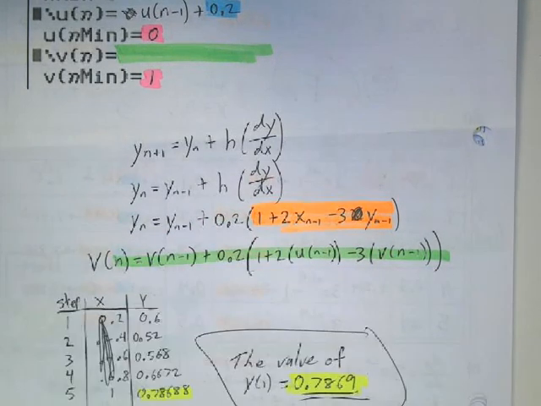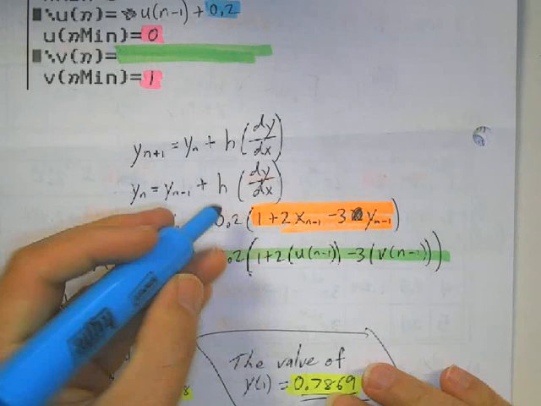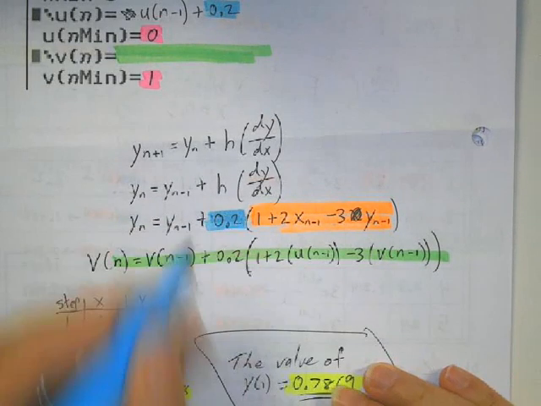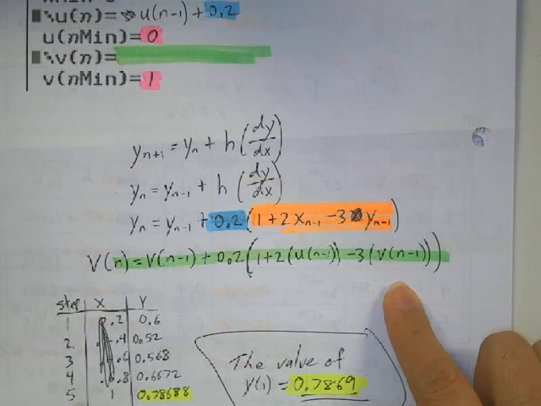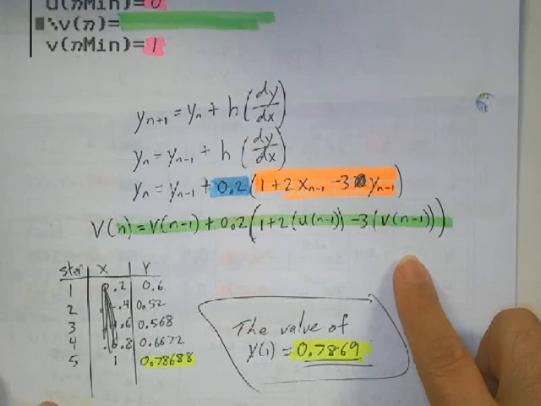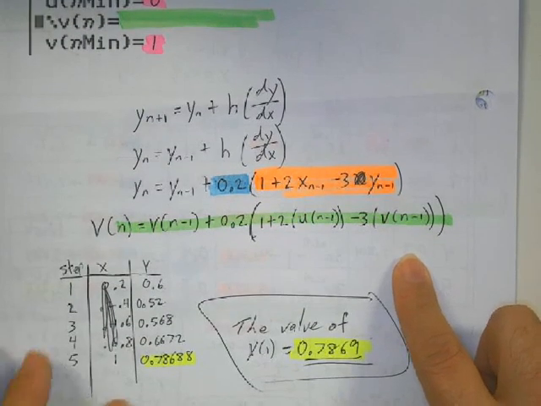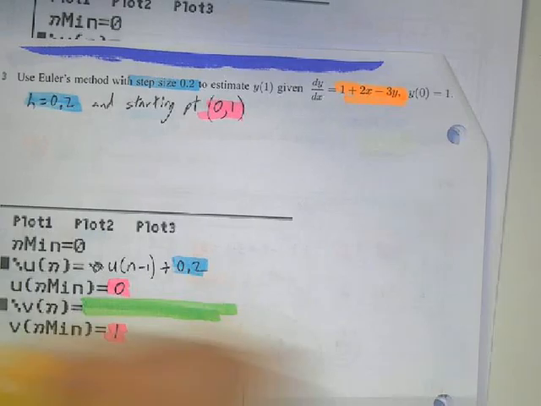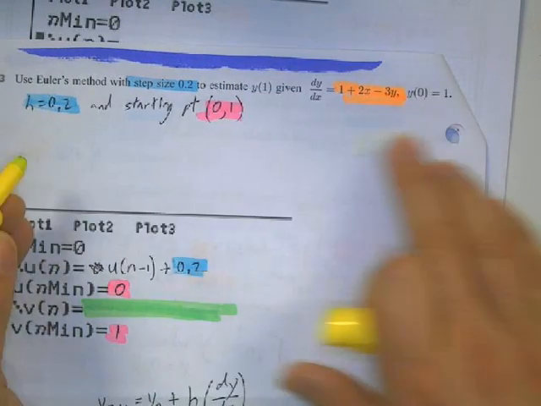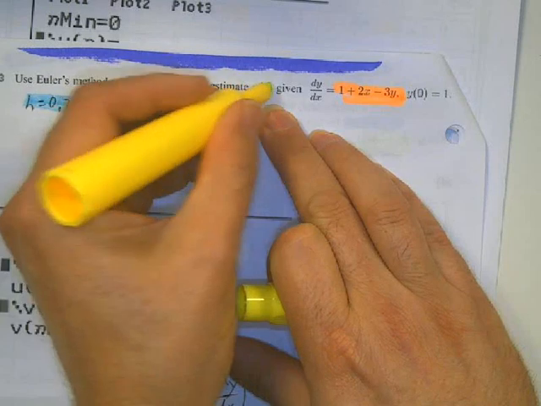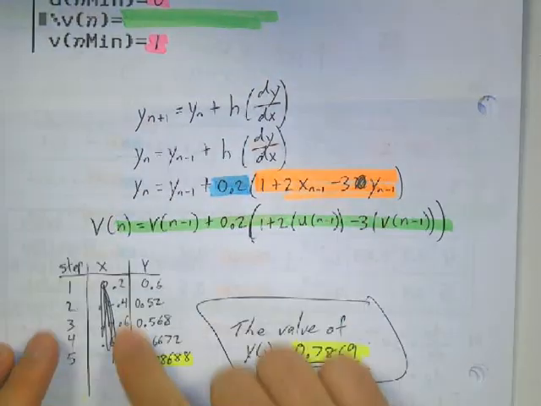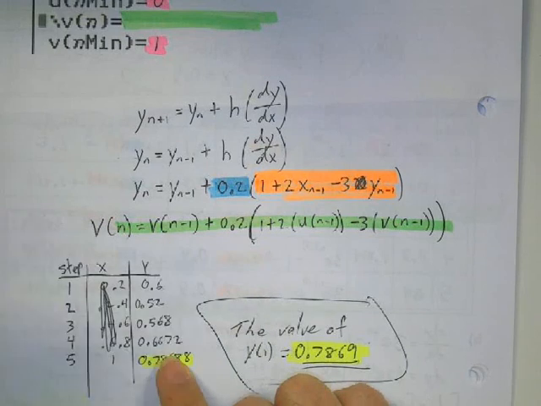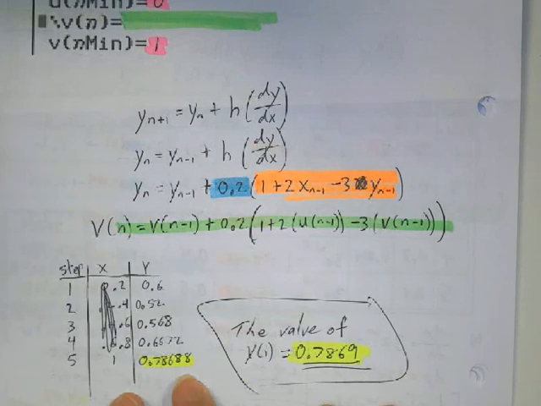Our step size is 0.2. And with changing the y's to the v's, it's going to look like this. The whole point of this is to figure out what is the y value when x equals 1. So I get my table on my calculator, and we end up with these values here.